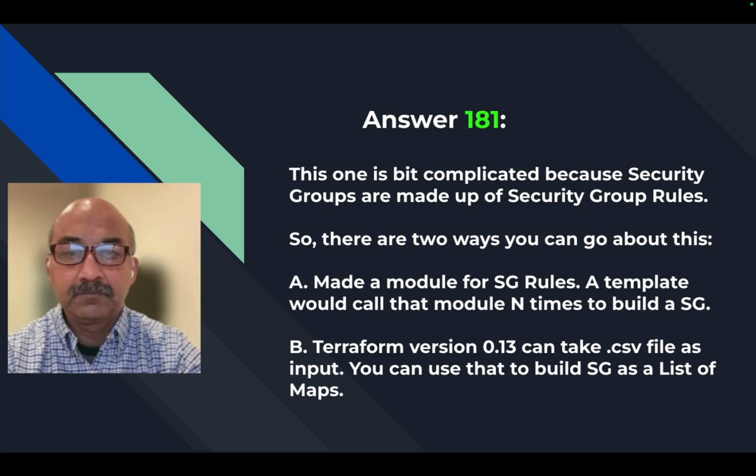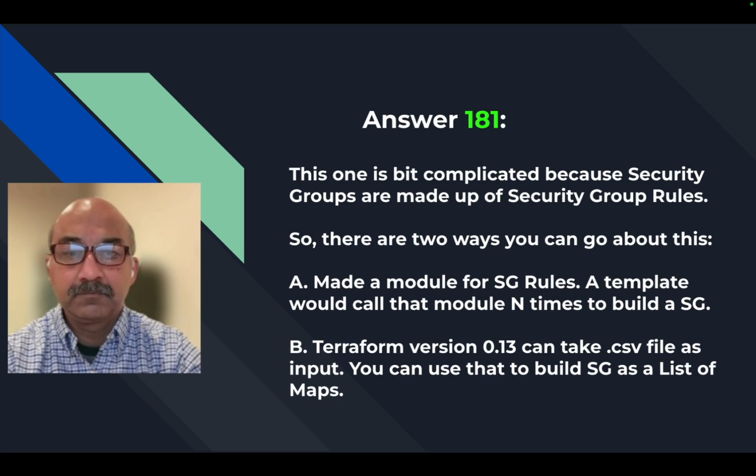Okay, the answer to this question is, first of all, this one is a little bit more complicated, like I mentioned before, because security groups are actually made up of security group rules. So you can really go about this in 2 different ways. First of all, you can make a module for security group rules. You can then call that module over and over again to make one security group, because the security group really comprises a number of security group rules.